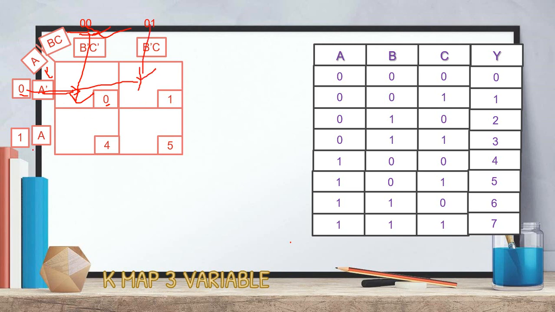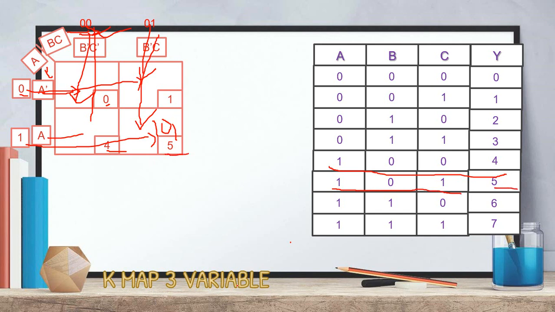Next, 1 0 0 is condition 4. Next, A is 1 and BC is 0 1, so it is 1 0 1, which we call 5. So this one is named 5.